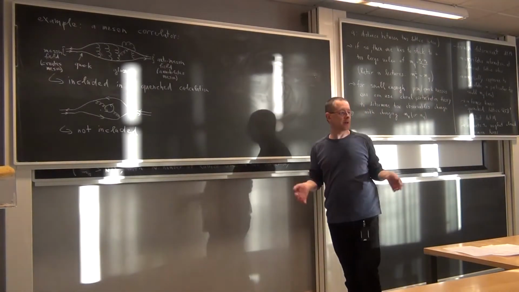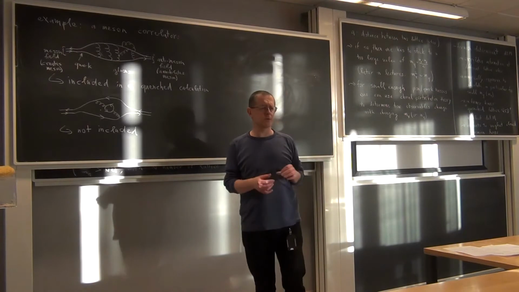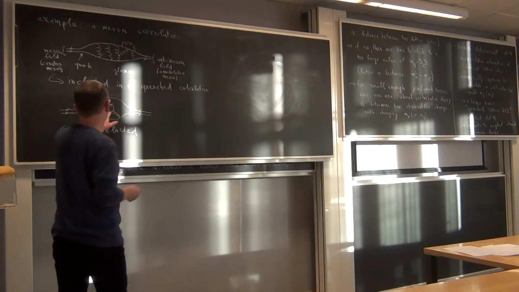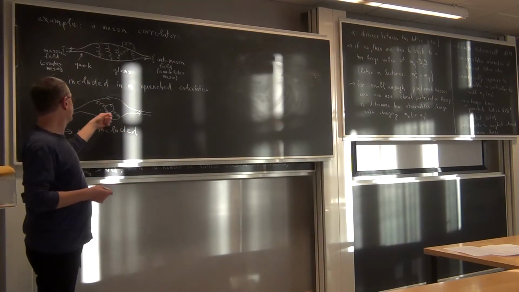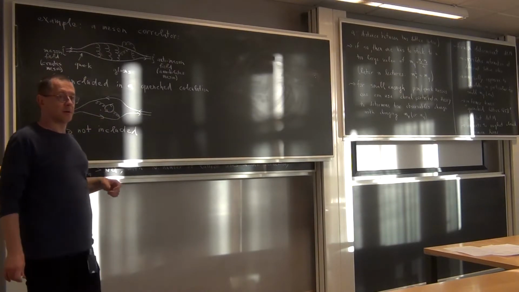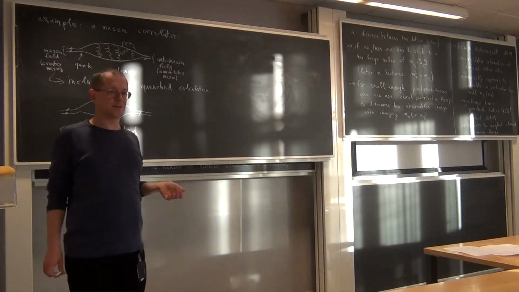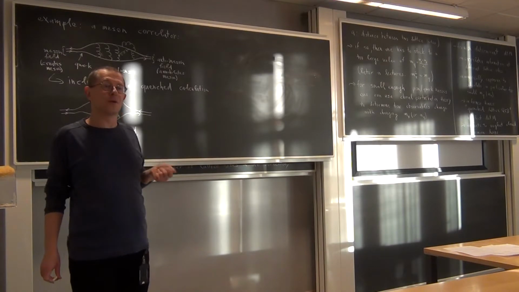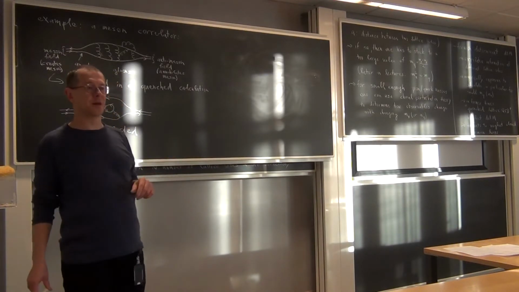So for a lot of states, when one determines the mass, it is not so critical to leave that out. But in practice, one has to check that. This is the issue. Maybe one does not know right from the start how critical that is.